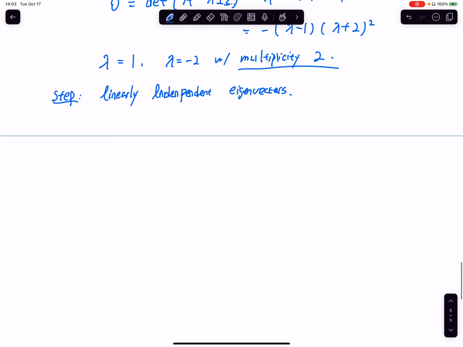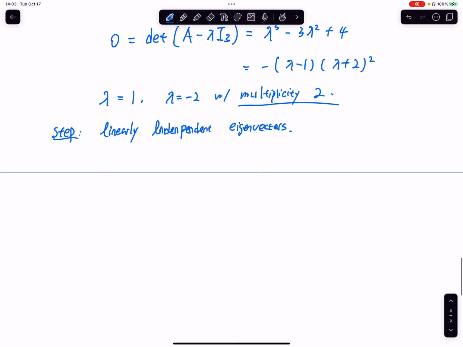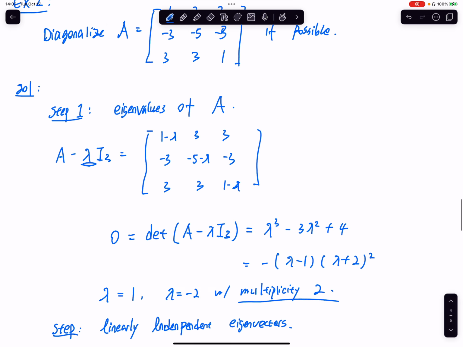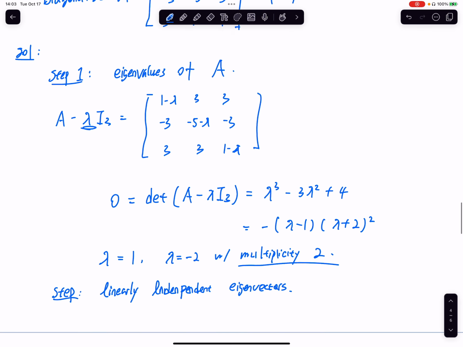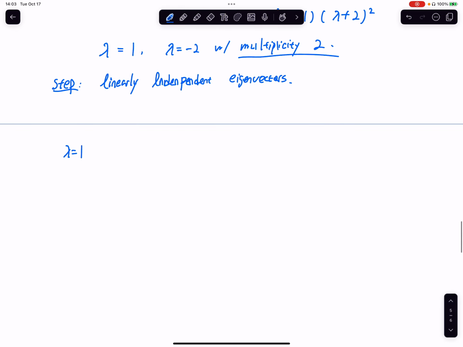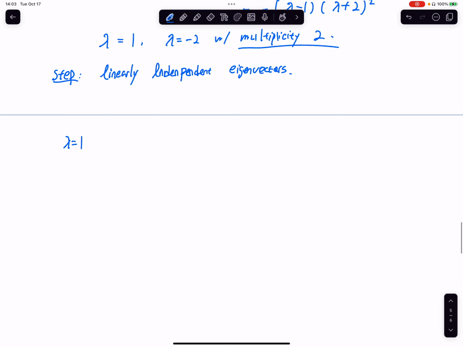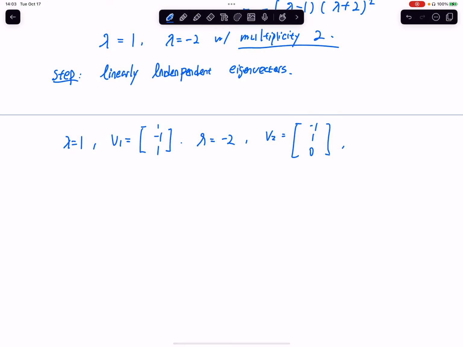Now, since we know the eigenvalues, when lambda equals 1, plugging back into the original equation, we have that v1 equals (1, -1, 1). And the basis for lambda equals minus 2 includes v2 equals (-1, 1, 0).